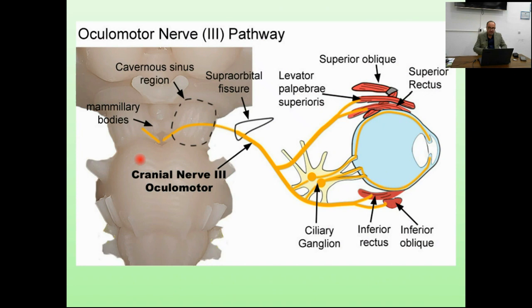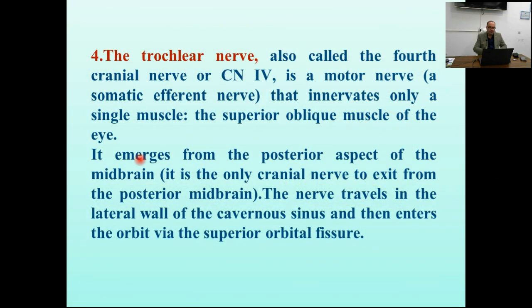In this picture, we see the third cranial nerve and its origin from the midbrain and supplying the levator palpebrae superioris and also the superior rectus muscle, the inferior rectus muscle, and the inferior oblique, and its connection with the ciliary ganglia.